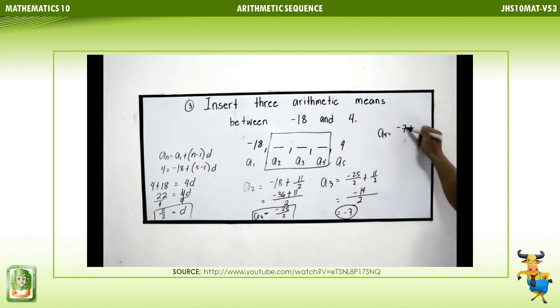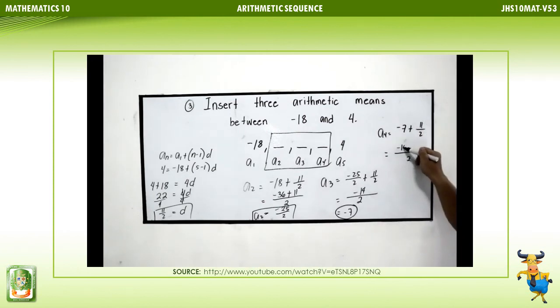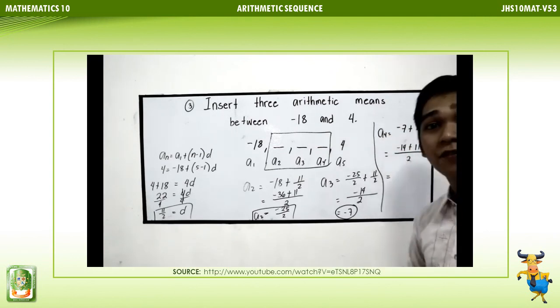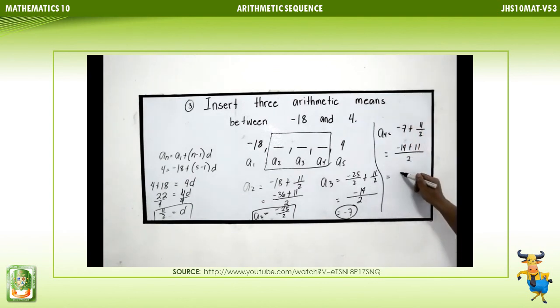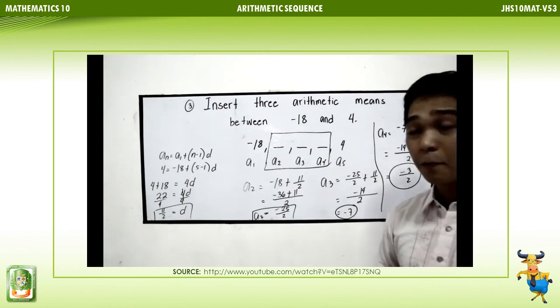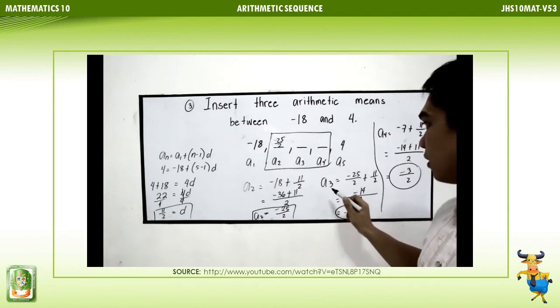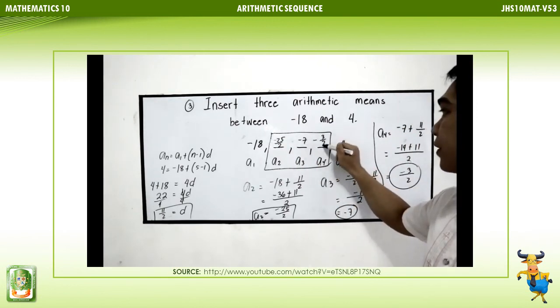Negative 7 plus 11 over 2. 2 times negative 7 is negative 14, plus 11, this is negative 3 over 2. And now, our A2 is negative 25 over 2, A3 is negative 7, and A4 is negative 3 over 2.